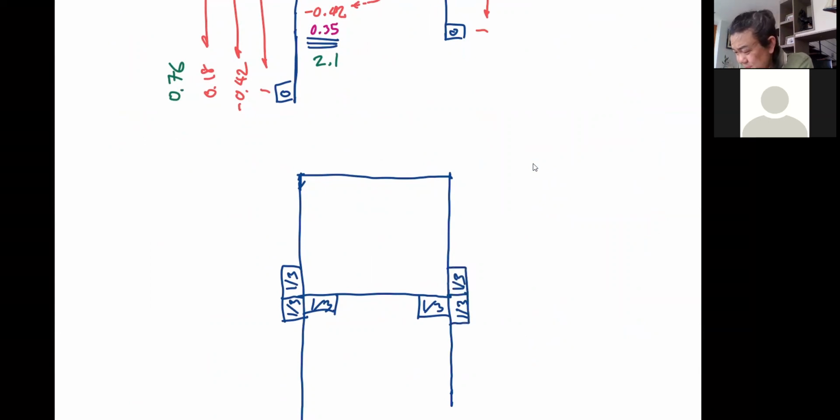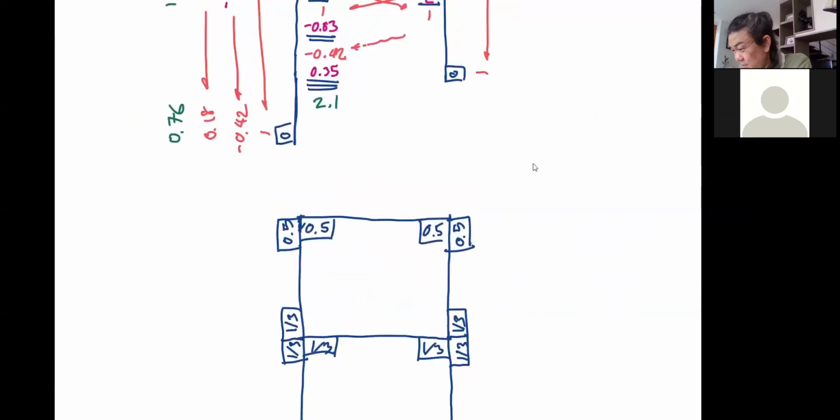On top is 0.5, and then here is 0.5, 0.5 and 0.5.